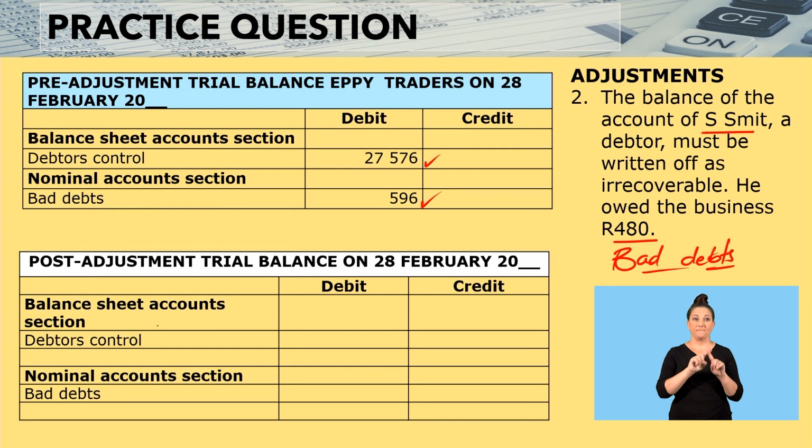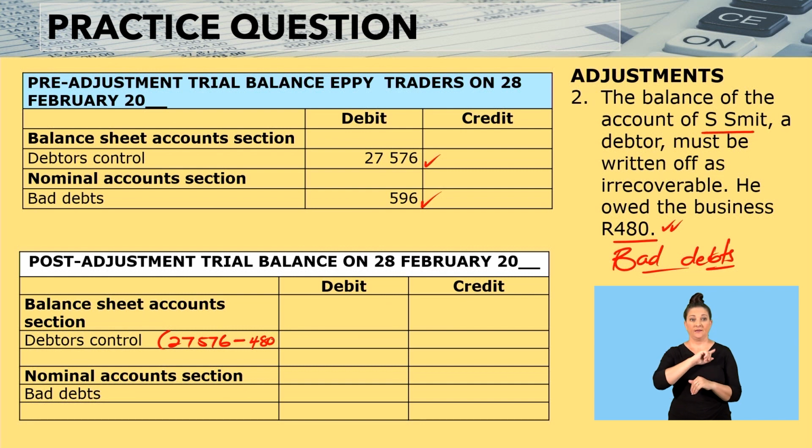In the post-adjustment, we come to our debtors control, where we had 27,576. We now have 480 being subtracted from this amount because we will not be able to receive it. We are decreasing our debtors control, so we say minus 480.